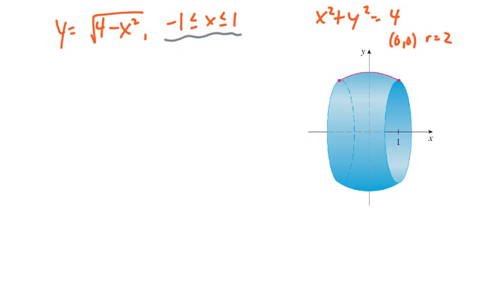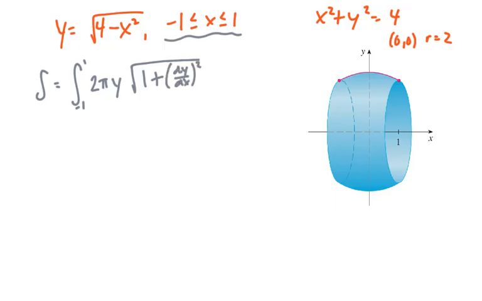It's a part of the circle which when you rotate it becomes a sphere. We're going to use our arc length formula: S equals the integral from negative 1 to 1 of 2 pi y times the square root of 1 plus dy over dx, quantity squared, with respect to x.